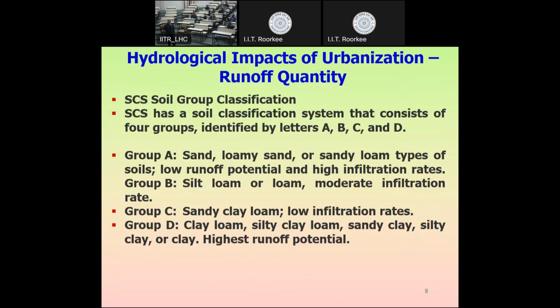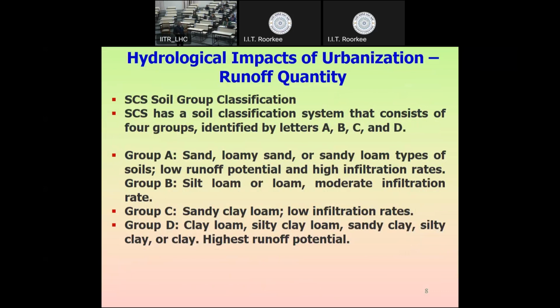Group A soils will have a very high infiltration rate and very low runoff potential, and Group D soils have very high runoff potential. Group B and C soils will have something intermediate. Okay, this is also clear.